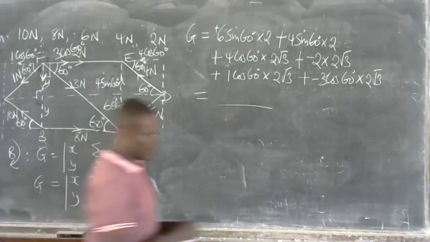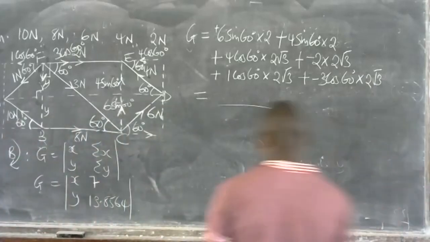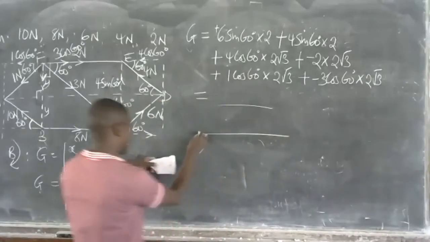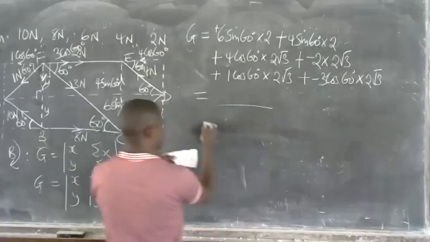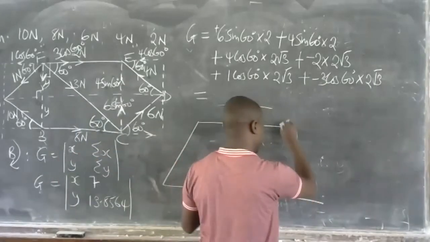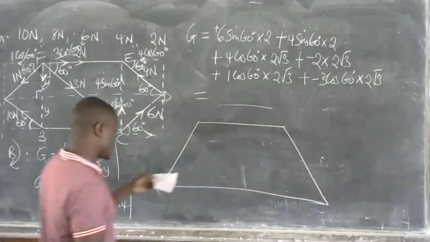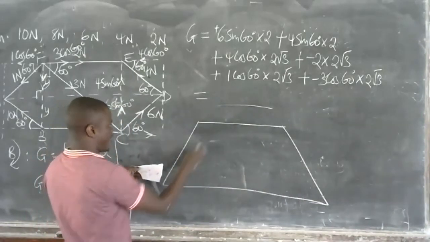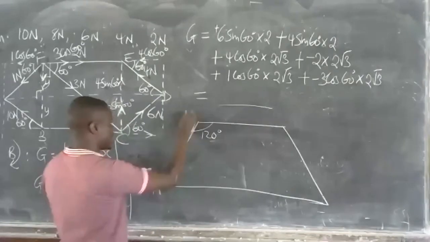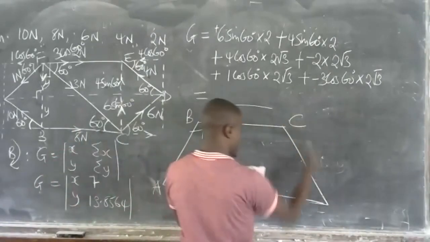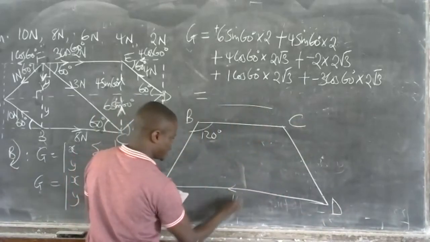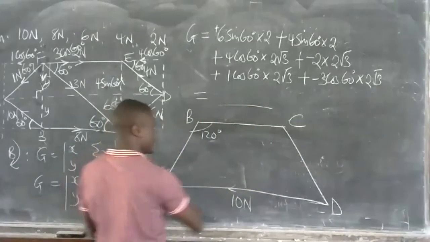You can try last year's number. It was about trapezium, 2019. But now this is different. 120. This is A, that is B, this is C, this is D. Here 10 newtons.